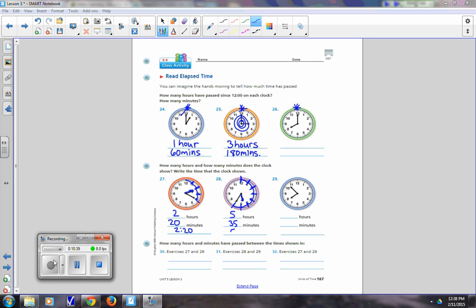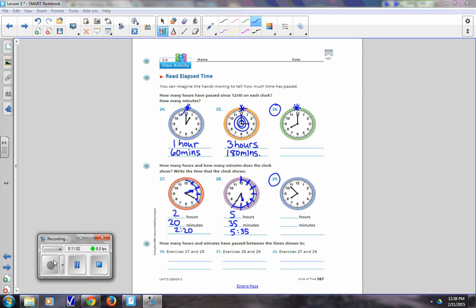So this clock is telling me it's 5:35, depending on the time of day, if it's AM or PM. So I want you to try 29 on your own and practice these skills of exercising your counting and looking at an analog clock.